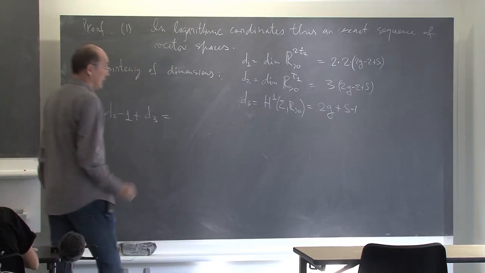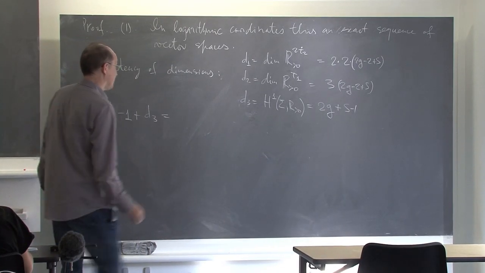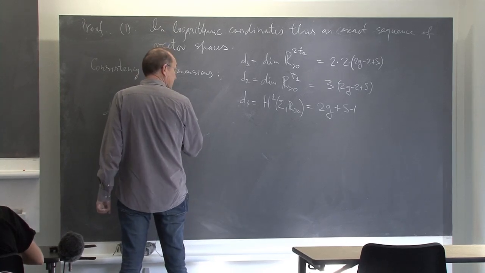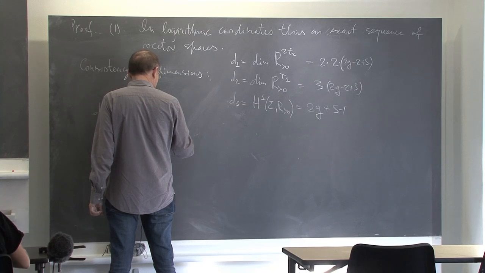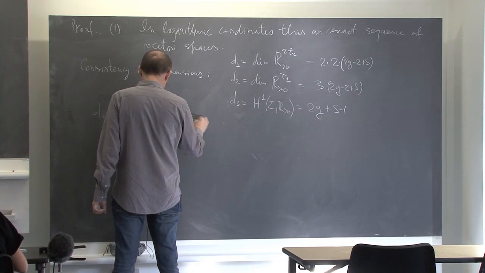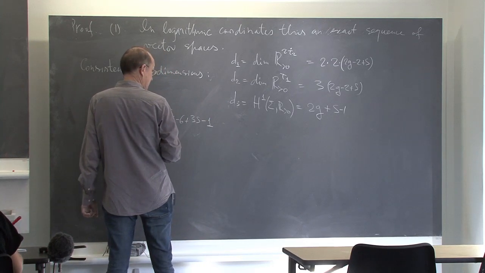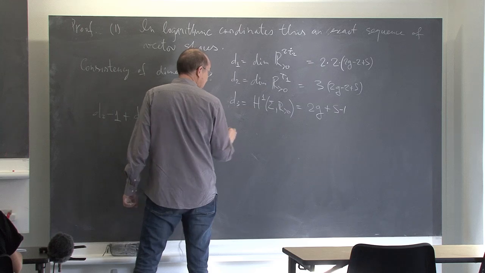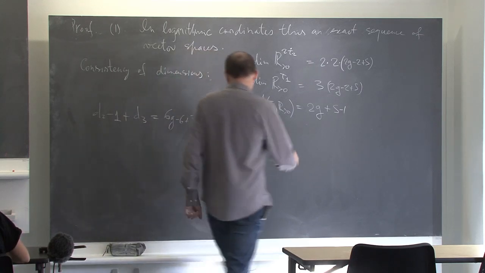So what is it? So let us just add. D2 is 6G, I spread out the multiplicative factor. 6G minus 6 plus 3S minus 1 plus D3, 2G plus S minus 1. Now let's add.